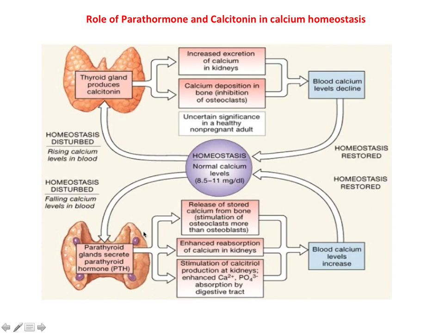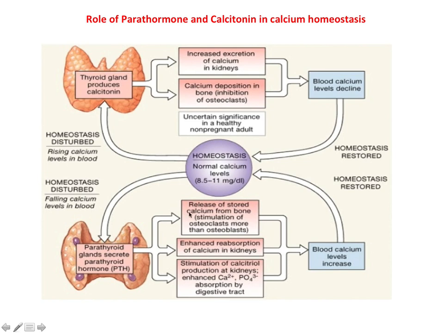So as I already discussed, the parathyroid can act on the bones. So it induces the bones to release calcium ion into the blood. On the other hand, it enhances the reabsorption of calcium in the kidney and it also stimulates the production of calcitriol at the kidney and finally enhances the calcium ion and phosphate ion absorption by our digestive tract.